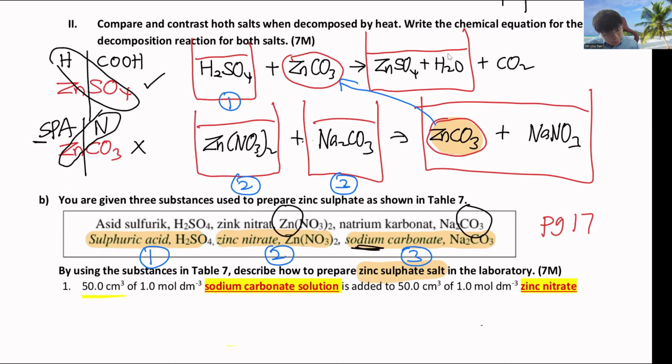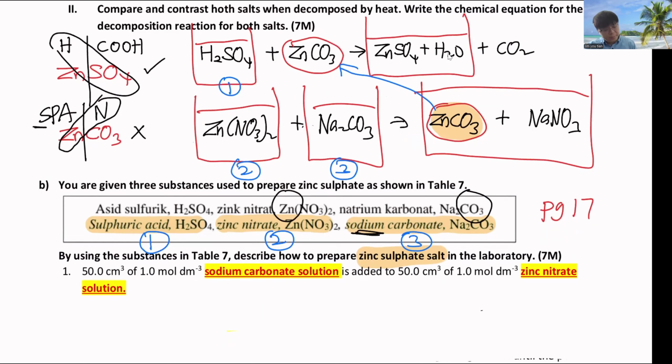So the first steps, because it's only 7 marks, this one is very short. So we write a draft step. 50 cm3 of 1 mol per dm3 of sodium carbonate is added into 50 cm3 of 1 mol per dm3 of zinc nitrate solution.